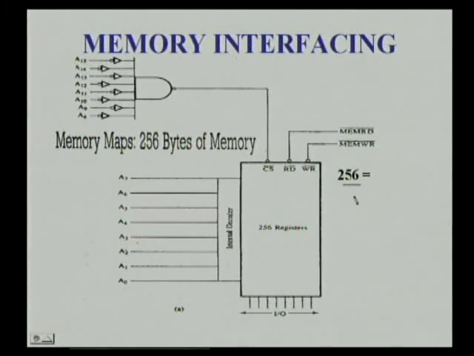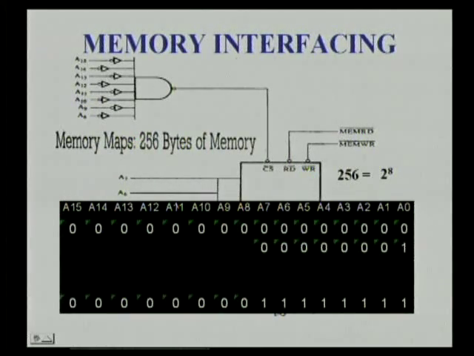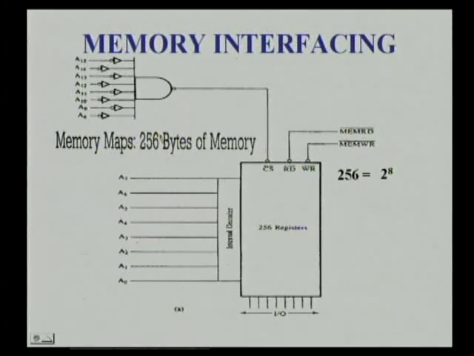Here 256 registers are there. It can be written as 2 power 8. Since it is 2 power 8, 8 address lines are required, and as a result we can connect 8 lower order address lines directly to the chip, and the remaining 8 higher order lines are used to select the chip.